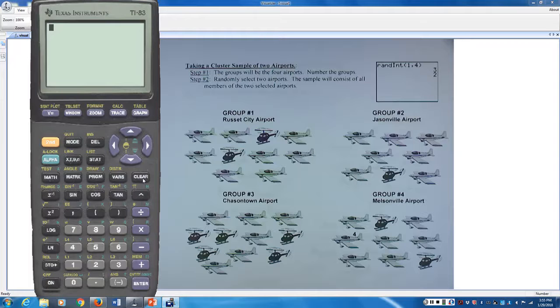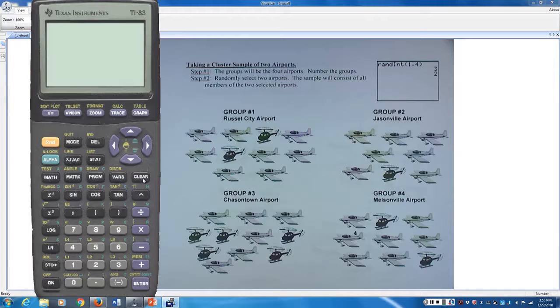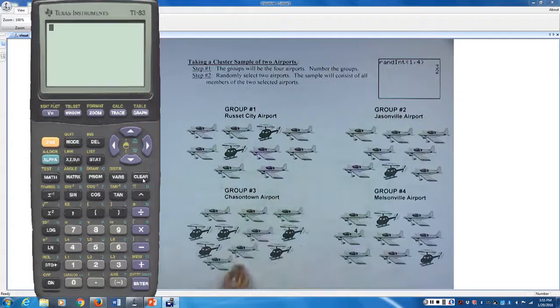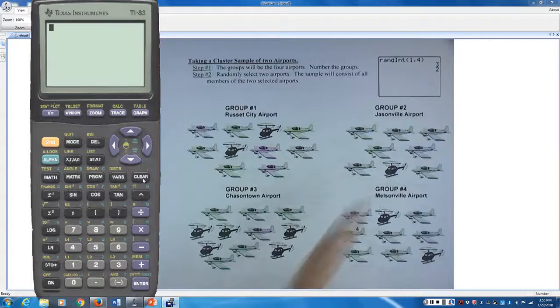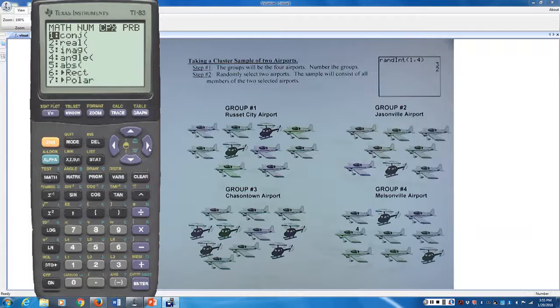Now, the one that's shown up here is that they chose airport number 3 and airport number 2. If I do it, I shouldn't get the same 2 airports, although I might. There's only so many pairs you can get. Actually, I did.